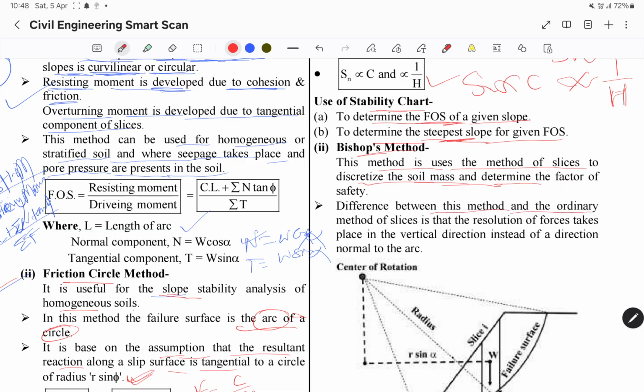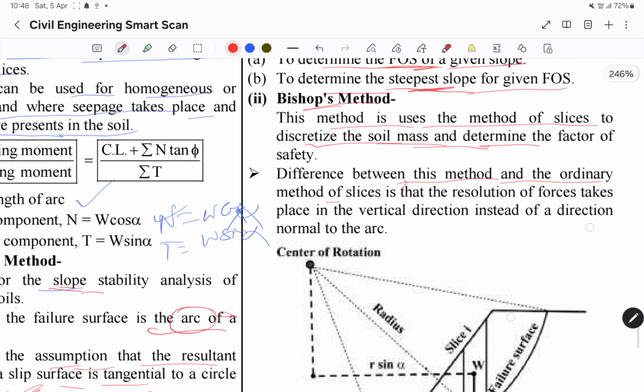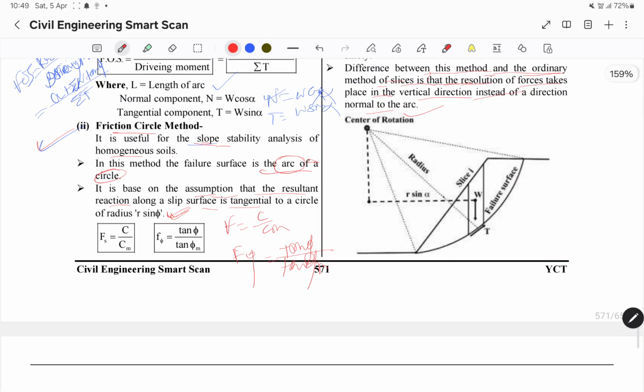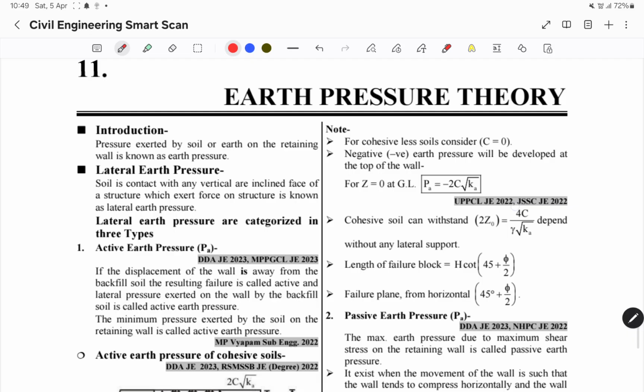The difference between this method and the ordinary method of slices is that the resolution of forces takes place in the vertical direction instead of the direction normal to the arc. Center of rotation, R, slice, alpha, W, failure surface.